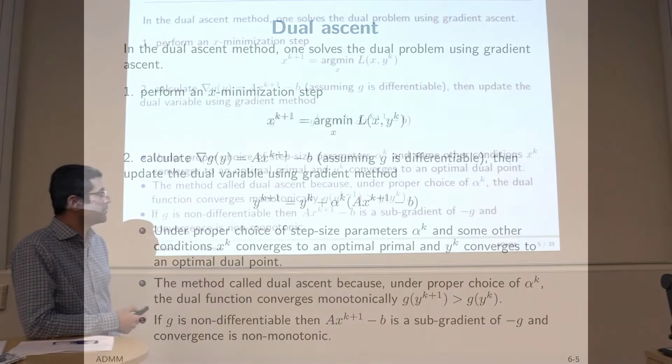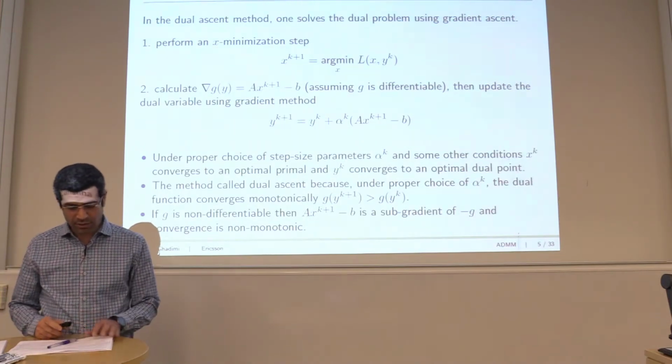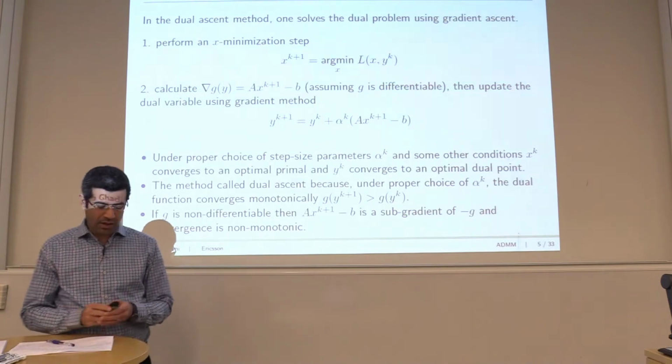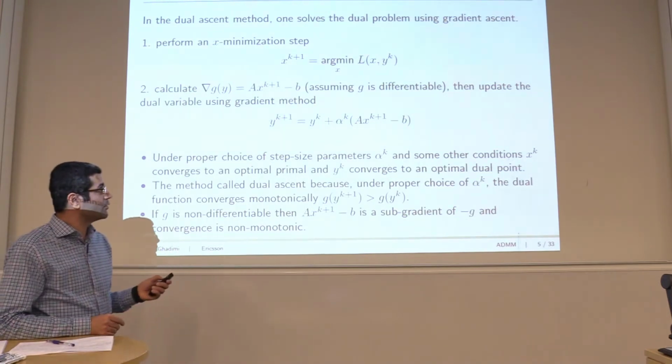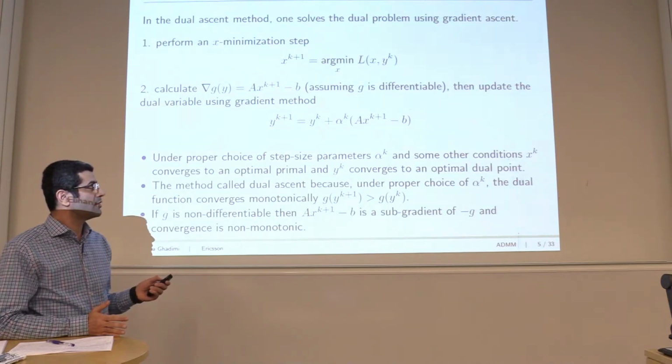Then you maximize the dual function using a gradient ascent method. As I said, there are theories about how to choose the step sizes and so on. How it works in practice is that you go towards the constraint violation. If this value is positive or negative, you always have a change in your update.